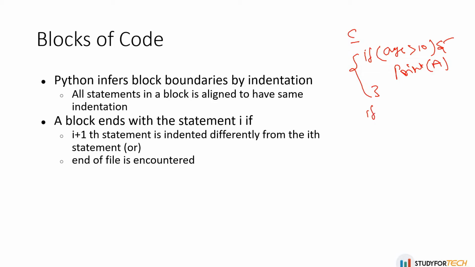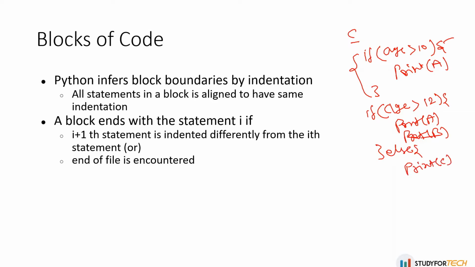Another form is that if age greater than 12, print A, print B, close it, else print C, print D, and then close. So this is another form.